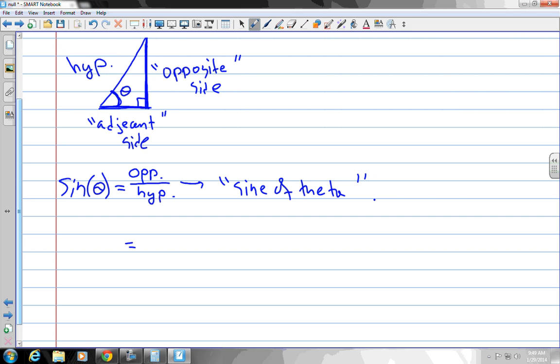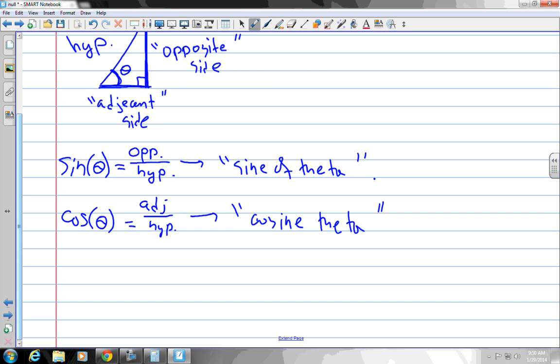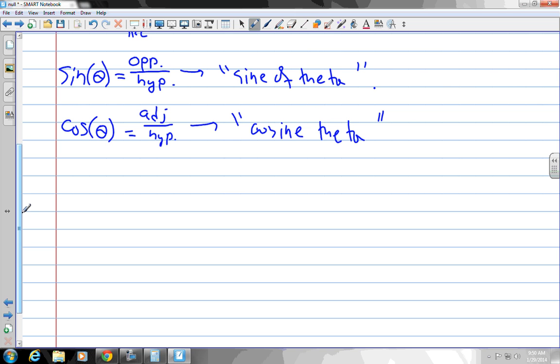Now the ratio of adjacent side to hypotenuse is called the cosine. So cosine theta. And the ratio of opposite side to adjacent side, we call it tangent.